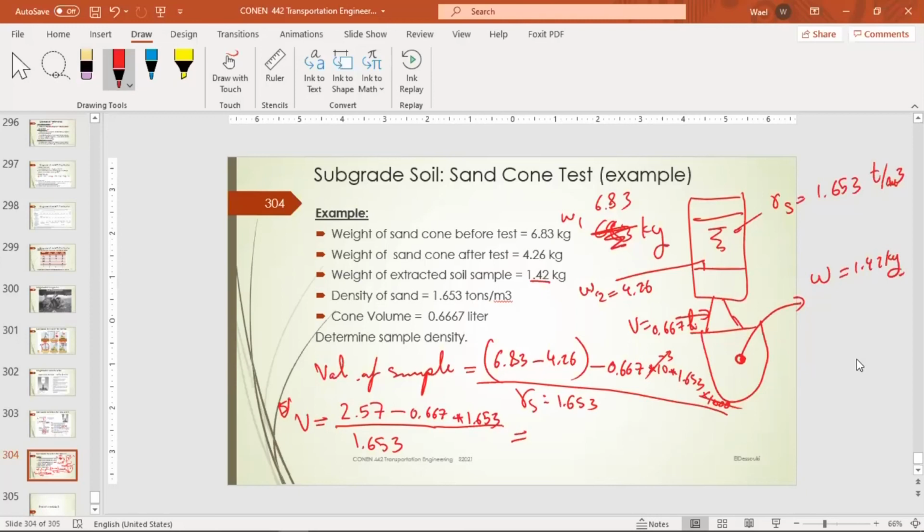So the volume is 0.8874. What are the units here?